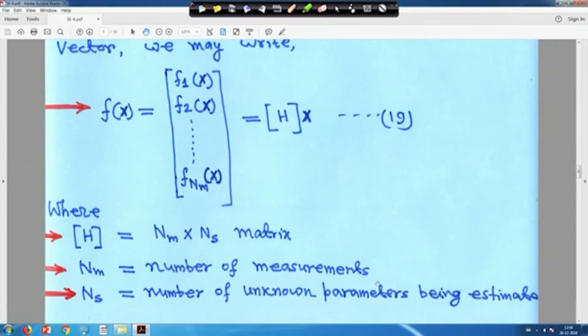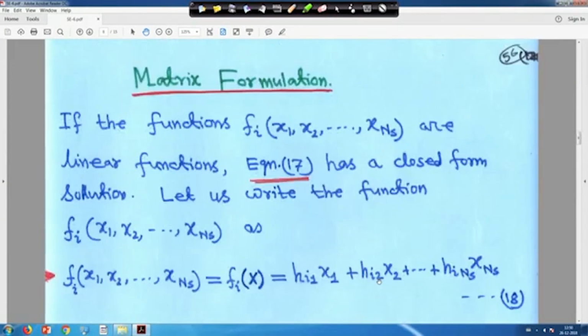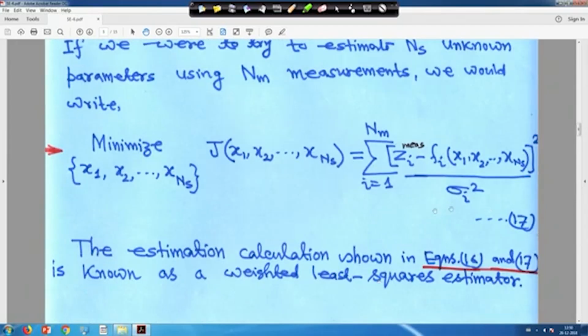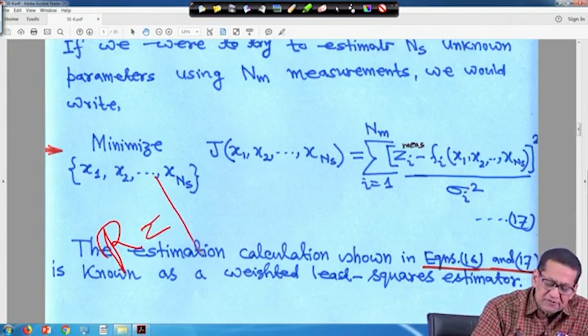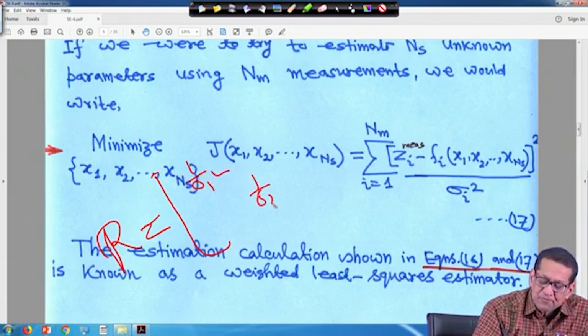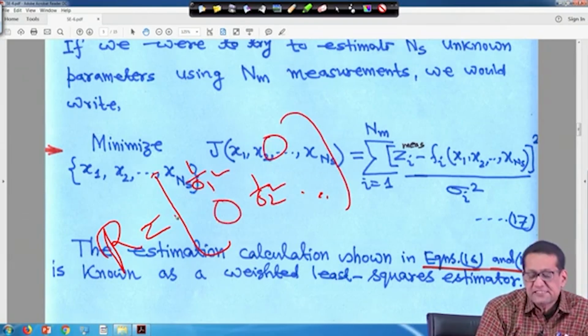What is matrix R? If you come here, you have sigma_i square, so basically it is given as 1 upon sigma_i square. So R will be a diagonal matrix with 1 upon sigma1 square, 1 upon sigma2 square, and so on, and the off-diagonal entries are 0.